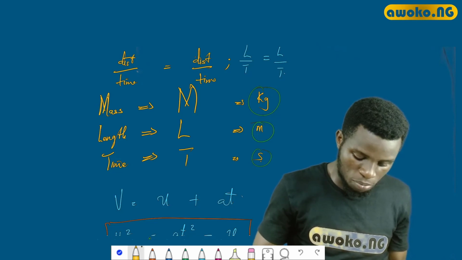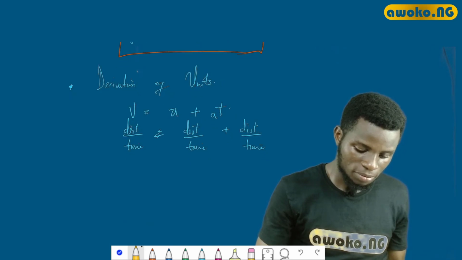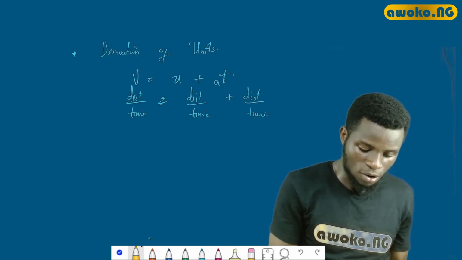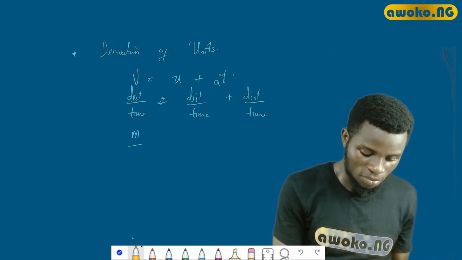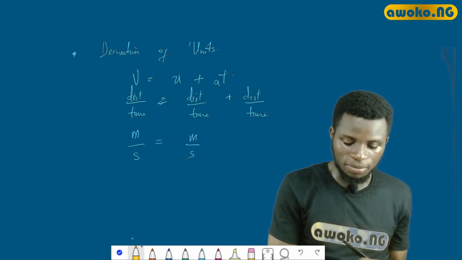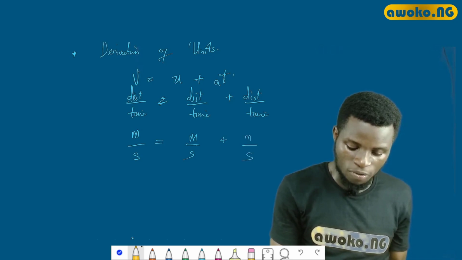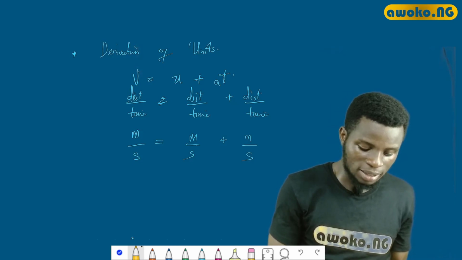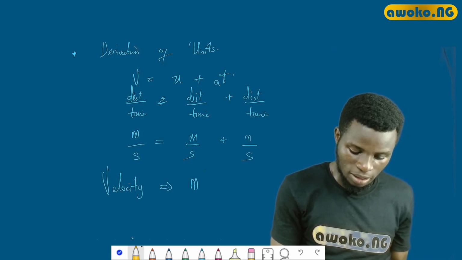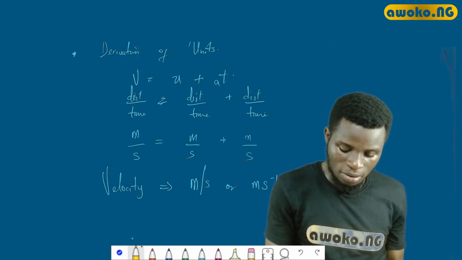If we relate it to what we have here, distance over time is m over s. This is also m over s, and dimensionally this gave us m over s. So we can say that the unit for velocity is meters per second, and some people are comfortable writing it as meters per second.